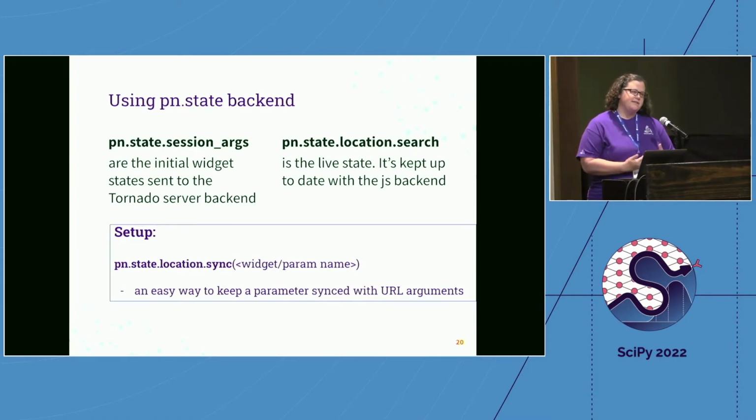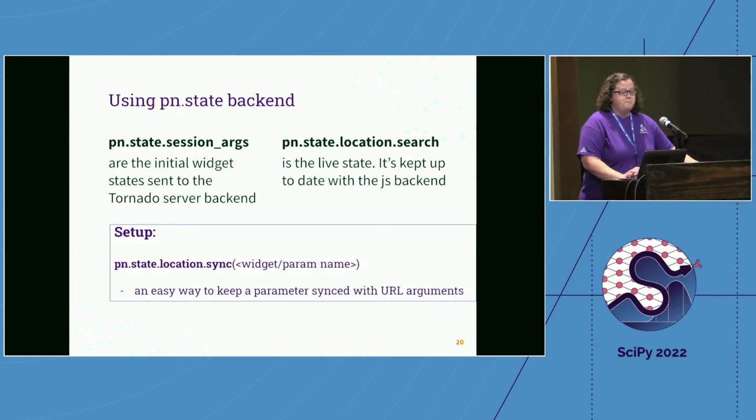It's the initial state that is sent to the JavaScript backend through the Tornado server. And then you also have state.location.search, which is the live state. So that's the state that's kept up to date. So as you adjust the slider widget, this is kept in sync between the two.